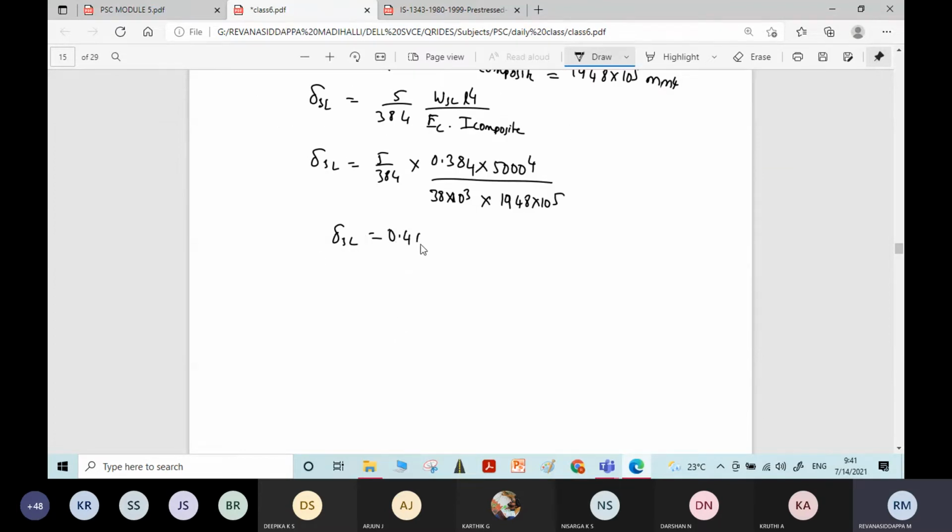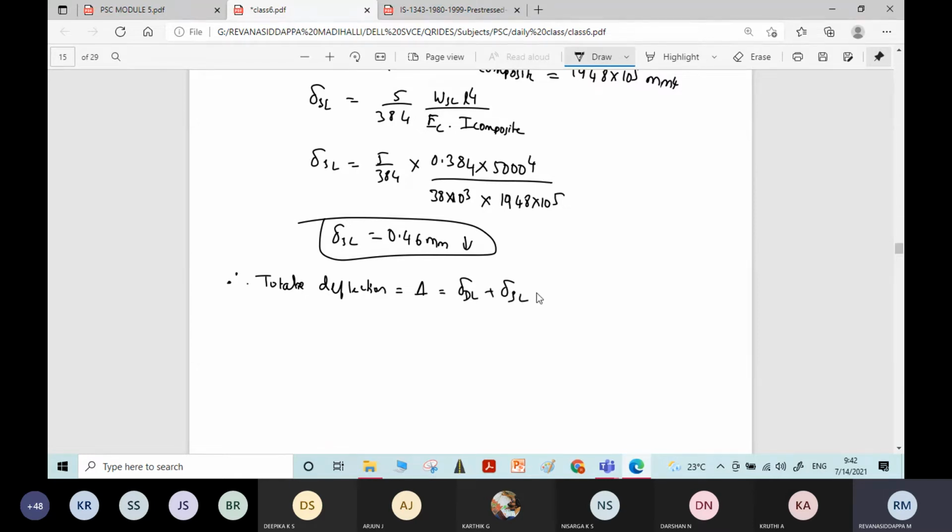Okay. Now find the total deflection. Therefore, total deflection delta is equal to deflection due to dead load plus deflection due to slab self weight plus deflection due to prestressing force plus deflection due to live load.